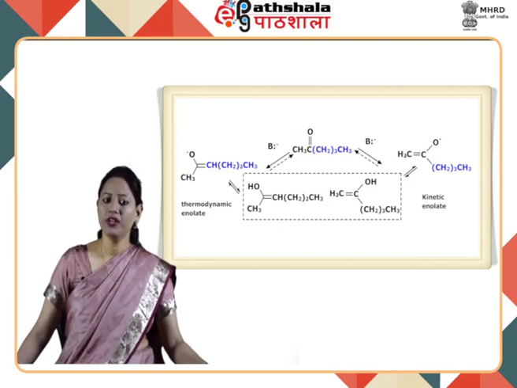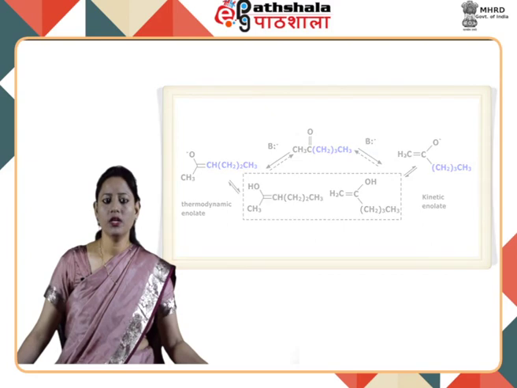With a weaker base and protic solvent, protons can be transferred reversibly between isomeric enolates and the base. Under these conditions, the more stable enolate will predominate as they are in equilibrium with each other. The more substituted enolate is more stable.